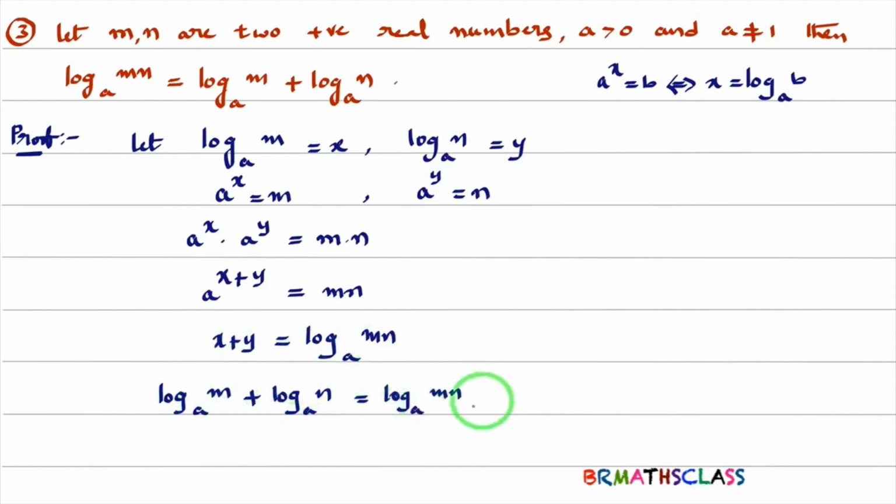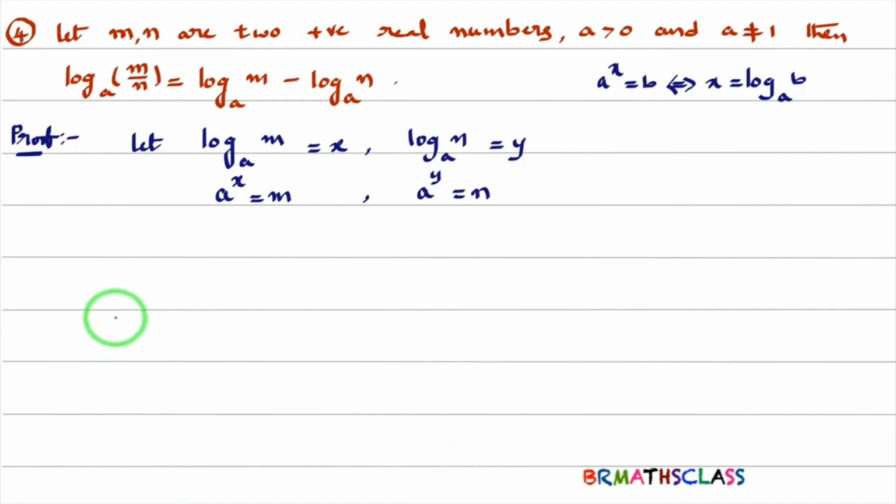You observe here, we proved that result. Log mn base a equal to log m base a plus log n base a. Therefore, I'll conclude: this property is log mn base a equal to log m base a plus log n base a.